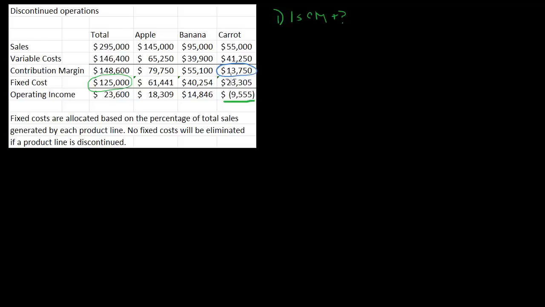So what that tells us is that this division is contributing towards paying off fixed cost. Okay, if this were negative, that means that they aren't even covering their variable costs, and that's a huge problem. Okay, so contribution margin is positive. So that's one bonus for this.